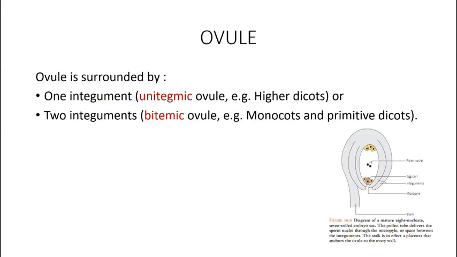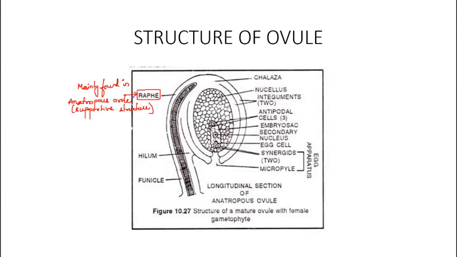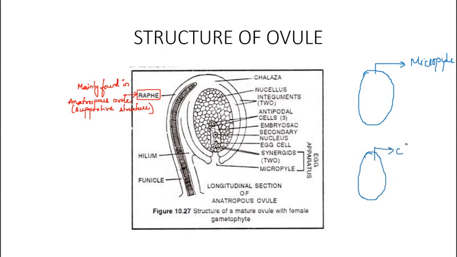Now look here, in some plants the integument is only one, in some plants the integument is two, just for the general idea. So see, this is an inverted ovule. In some plants the top part is micropyle, in some plants the top part is chalazal.